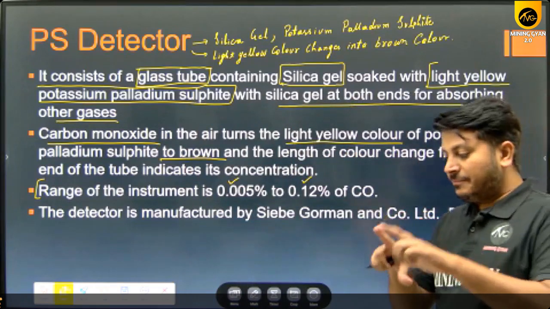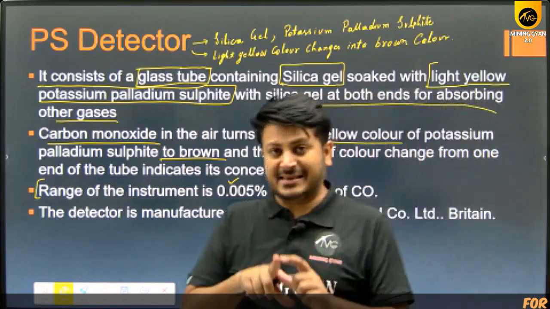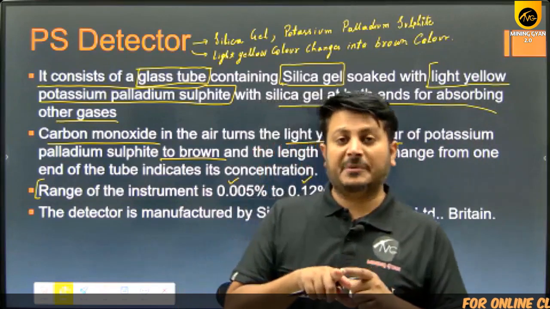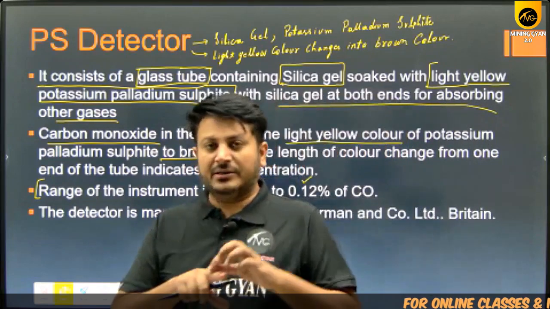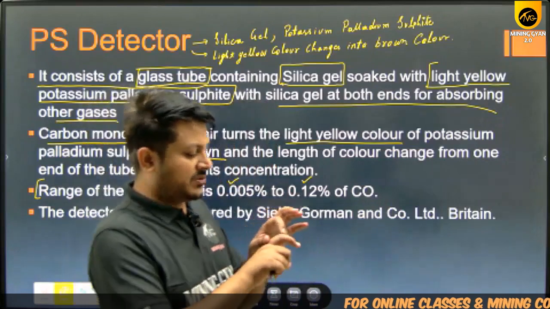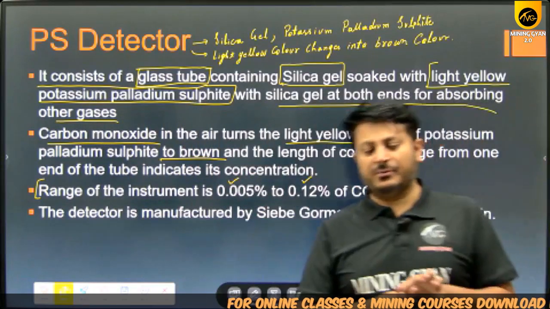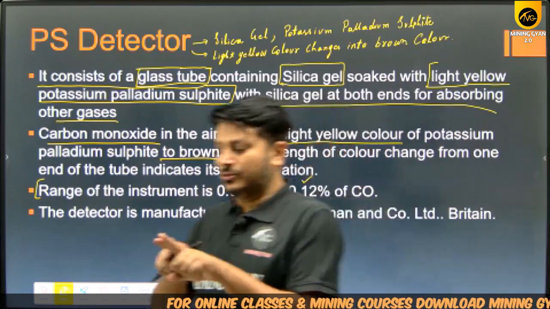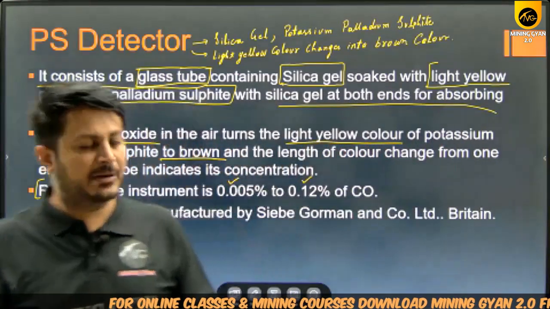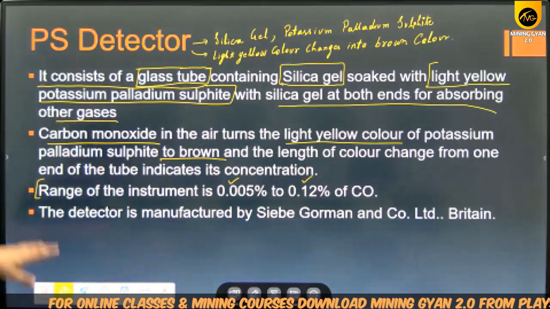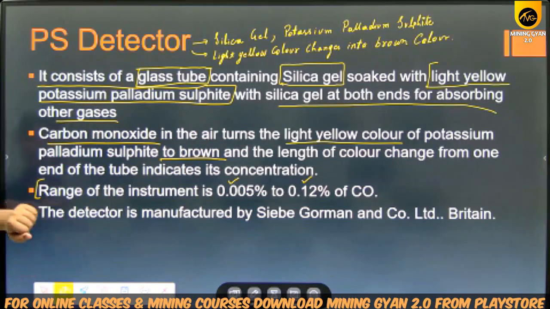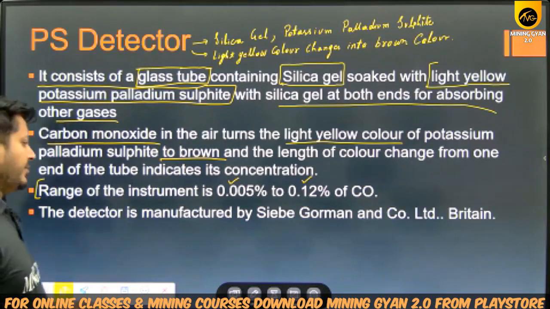Then you will compare the color with that scale, so that you can know the percentage of carbon monoxide. With the changing color, the percentage of carbon monoxide is given. You can compare those two, and with the help of that you will be able to find out the percentage of carbon monoxide. Okay, is this fine to you?